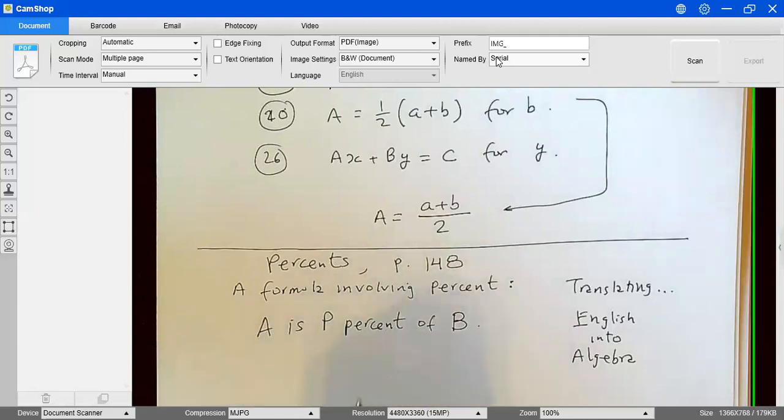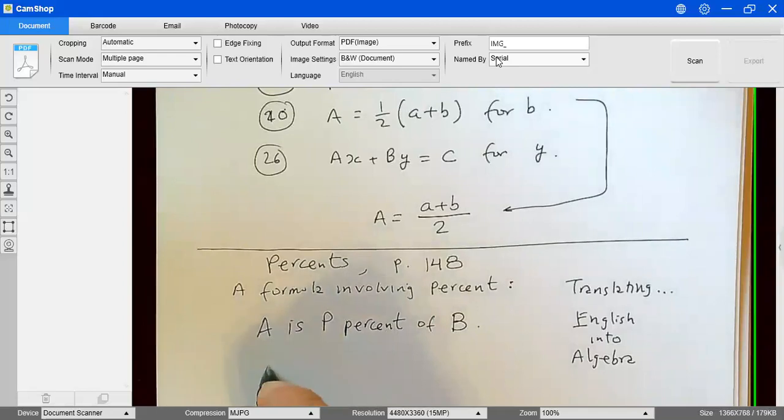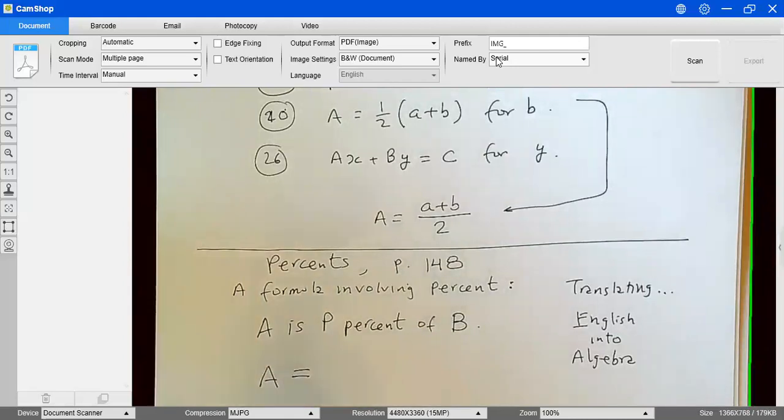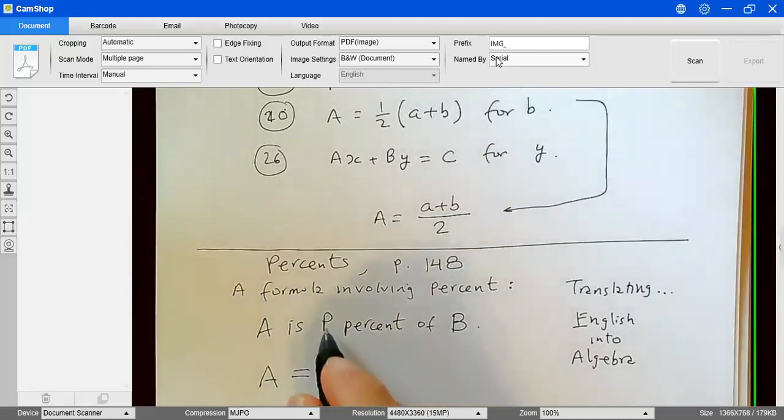So we're going to start translating every piece of this English sentence into a formula. A is going to be A, is is always going to be the equal sign.